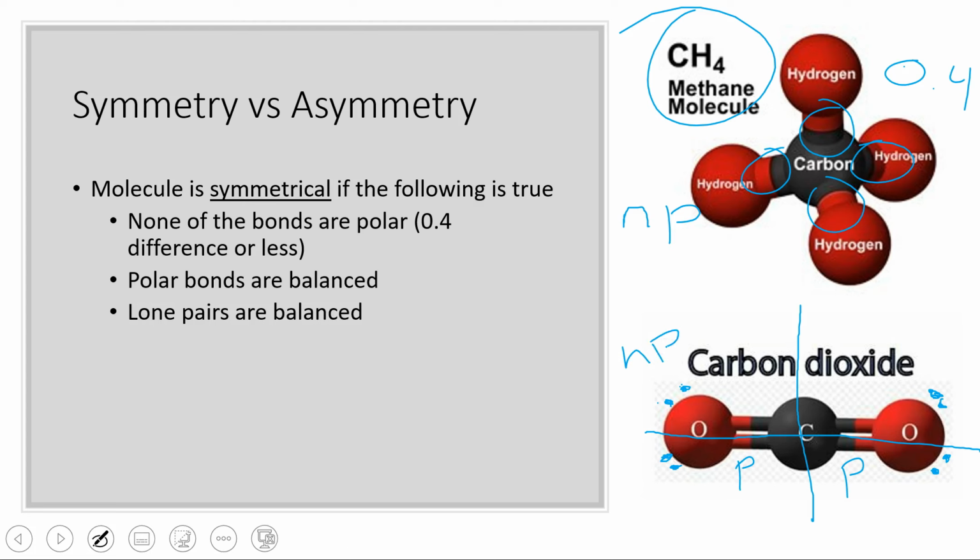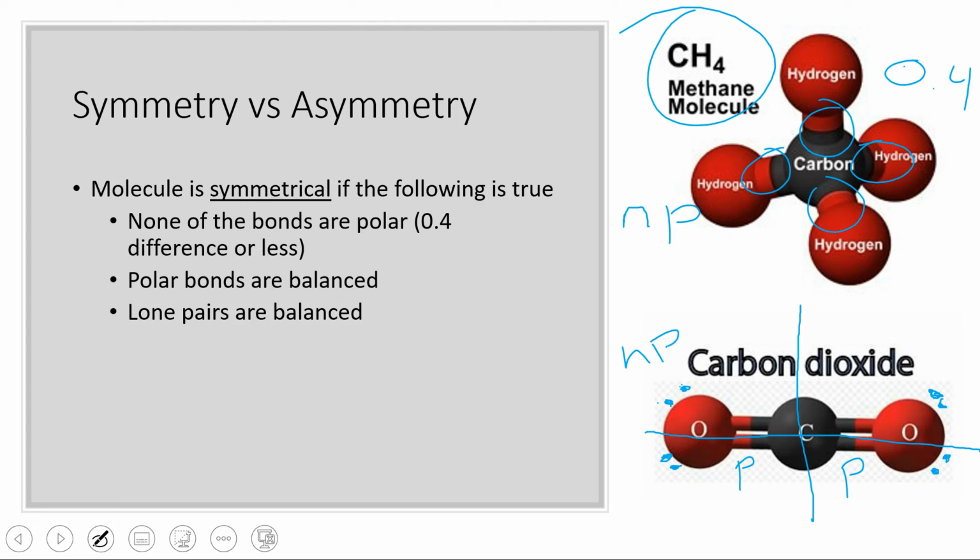Now, a molecule is considered asymmetrical, right? So we have some asymmetry in our molecule if at least one of these is true. So if the polar bonds are not balanced. So going back to that formaldehyde example, we've got non-polar bonds between carbon and hydrogen, right? And we have polar bonds between carbon and oxygen.